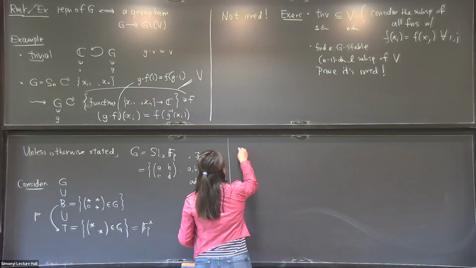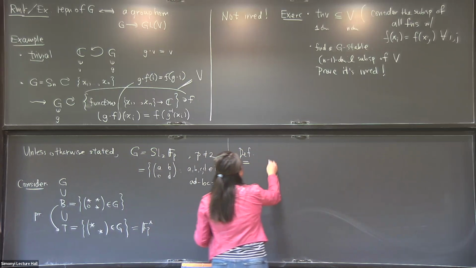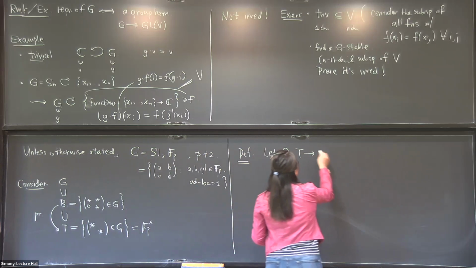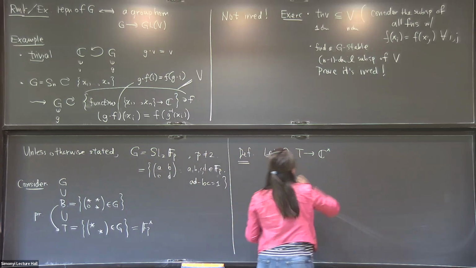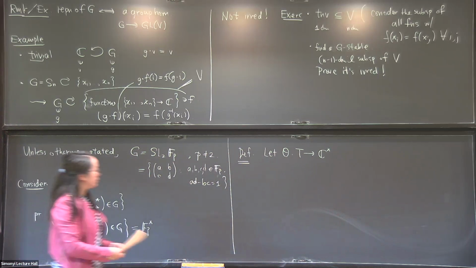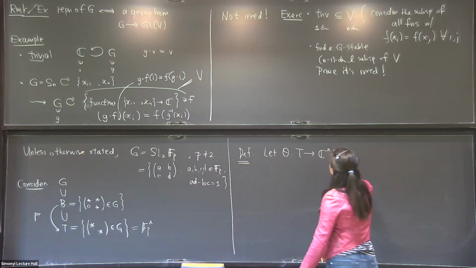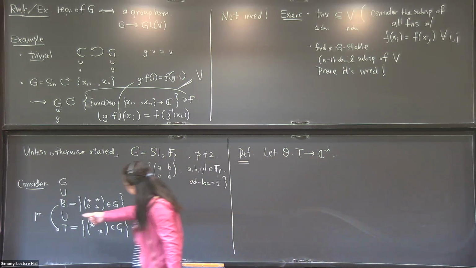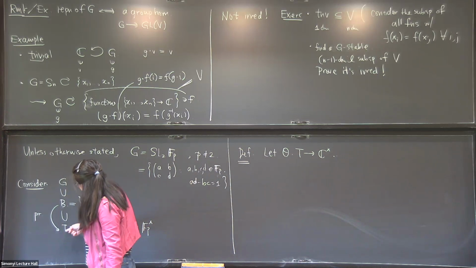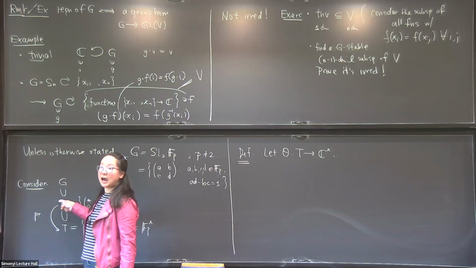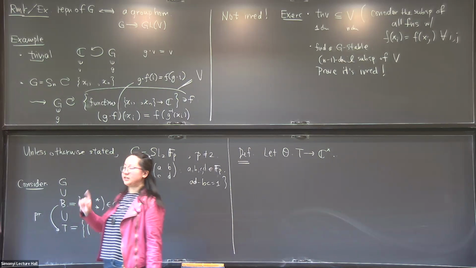Okay, so the definition: let theta be a group homomorphism from T to C star. And per that remark, this is the same as a one-dimensional representation of T. Since I have this map from B to T, I can just take the pullback along this map and obtain a map from B to C star.